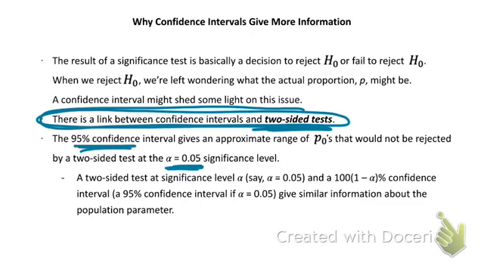Yeah. So the 95% confidence interval totally corresponds to a 5% significance level for a hypothesis test. Just to make sure we're all on the same page, if I have my confidence level for a confidence interval, and then I have my alpha for a hypothesis test, again, this is only for two-sided.